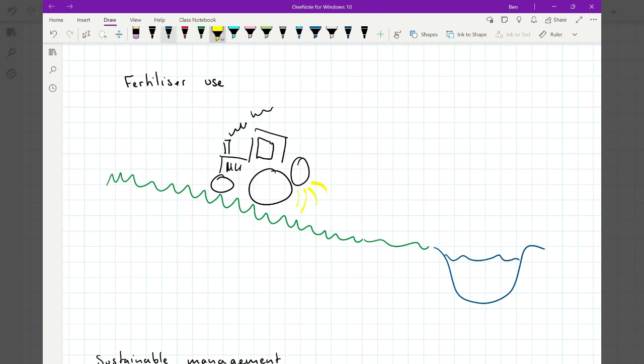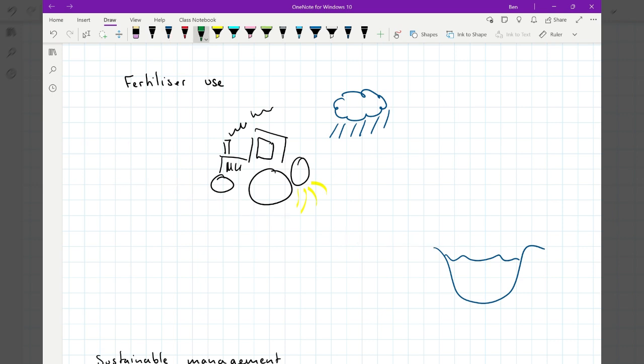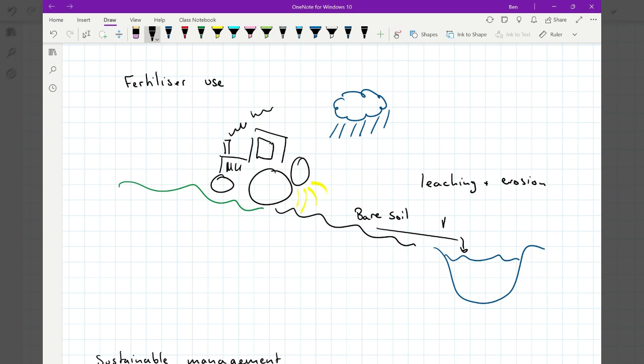If they badly apply these, so if it rains soon after, or there is not much root uptake because they're adding them to bare soil, and we have leaching and erosion, then we will end up with our phosphates washing into rivers and lakes and ultimately the ocean.